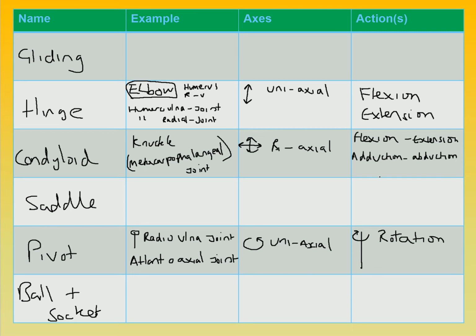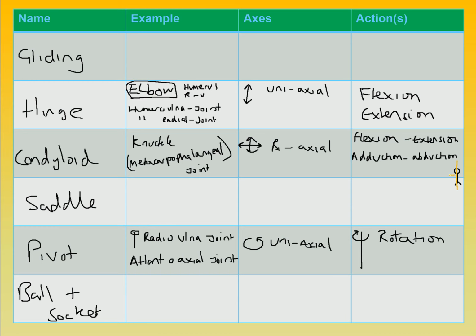So if you imagine, where can I draw this? I'm running out of space. But if you imagine a person here, a little stick diagram of a person, and somebody with a midline running right down the middle of the body, where your buttons are on a shirt, let's say.